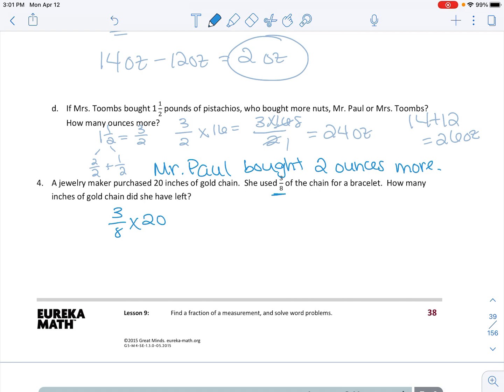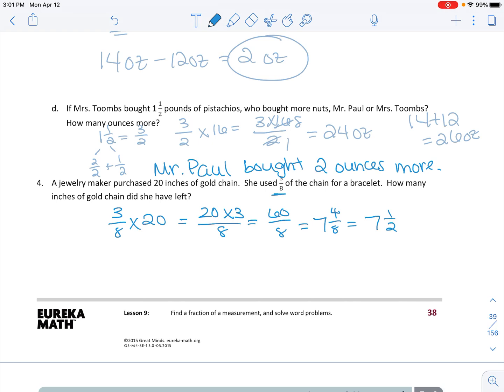And again, there's a couple ways you could do this. I'm going to multiply the numerator times the whole number. 20 times 3 is 60. 60 over 8, well, 8 times 8 is 64, so that's too much, so it's 8 times 7 is 56 with 4/8 left over, which reduces to 1/2.